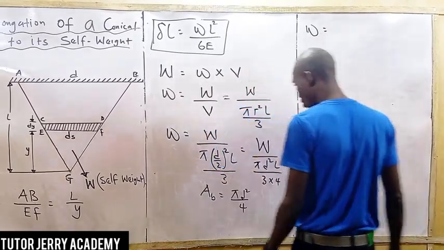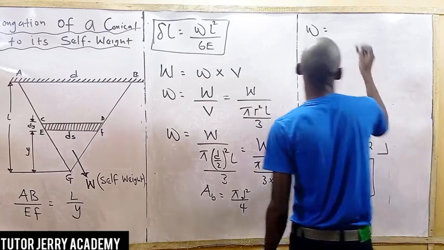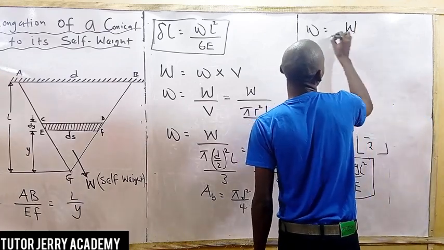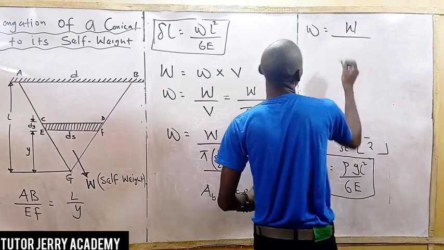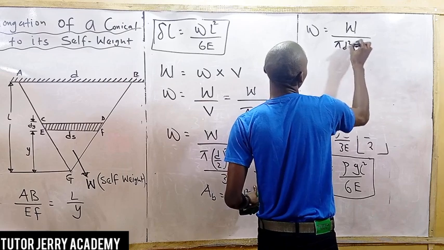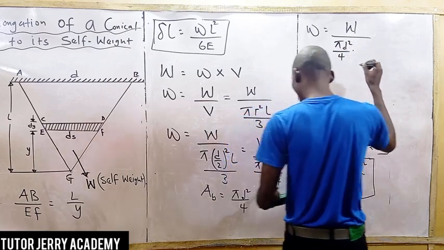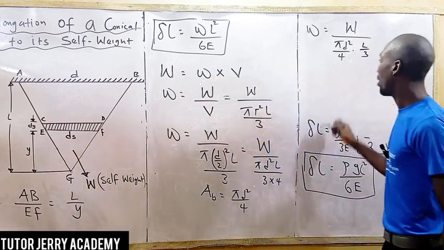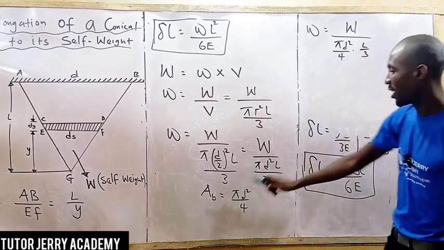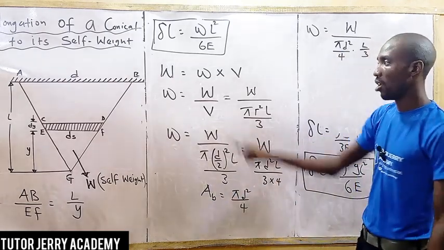Omega, which is our weight density, is equal to the weight of the cone all over... now let's bring out pi D square all over 4. If I bring out pi D square all over 4, I'll be left with L over 3. Now we know that pi D square all over 4 is equal to the base area of the cone.